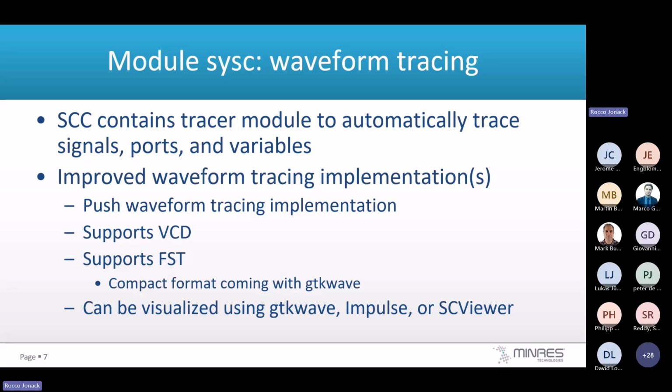There are a number of compressed formats in the industry, but we really wanted a format that is open source based, and FST was the default choice for us. FST comes from the GTKWave environment. There are also converters from VCD to FST, but we have a tracer implementation that gives you FST directly. Of course, if you want to go to a viewer that doesn't read FST, you would use these converters to VCD. And I have some examples later of the results of these additional implementations.